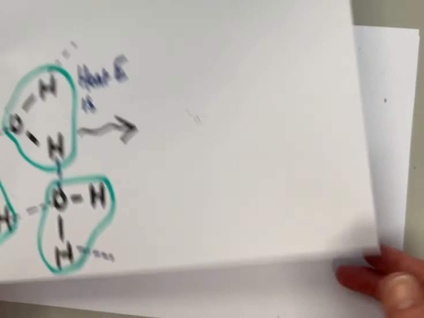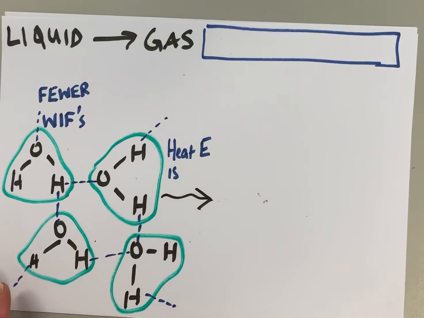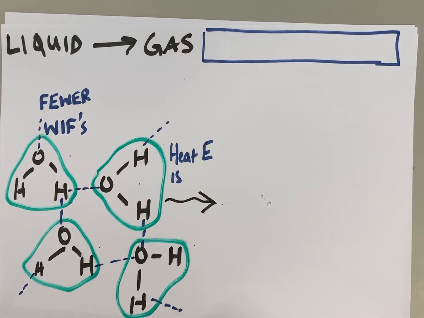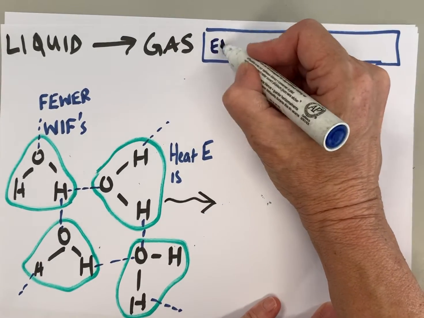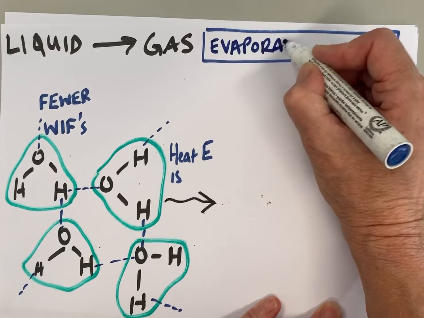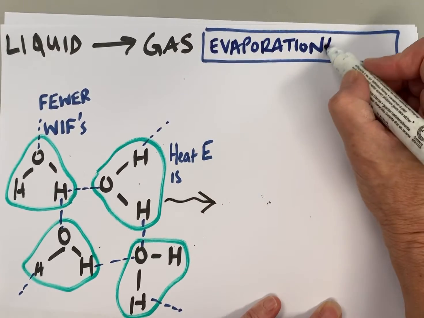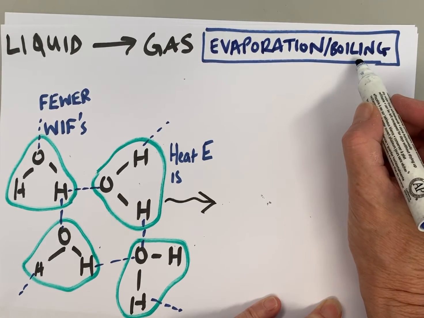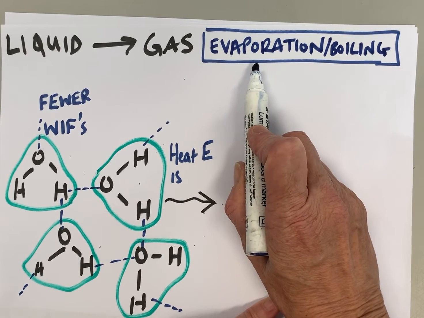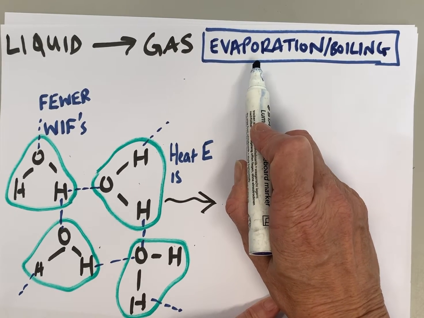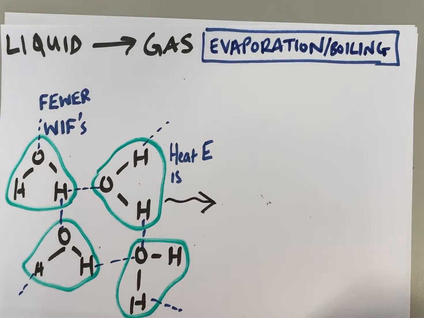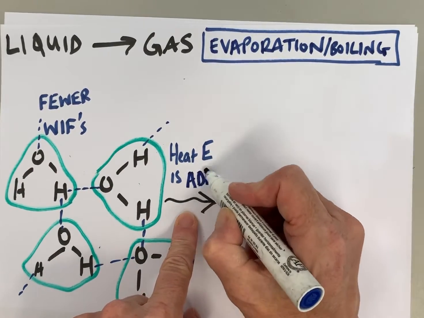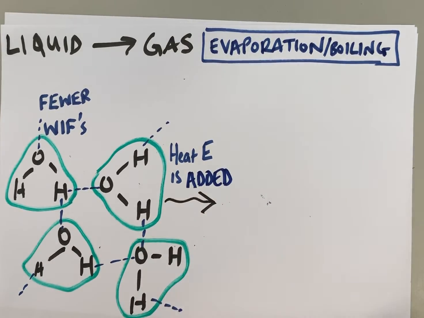Now let's look at a liquid going to a gas, and the name of the process that we call that is evaporation or boiling. And usually if you're adding in heat, like boiling the jug, we call it boiling. If it happens very slowly, like a puddle drying up, that would be evaporation. So we've got fewer WIFs because it's a liquid, and as you keep adding in heat energy, really important to know that you keep adding in heat energy.